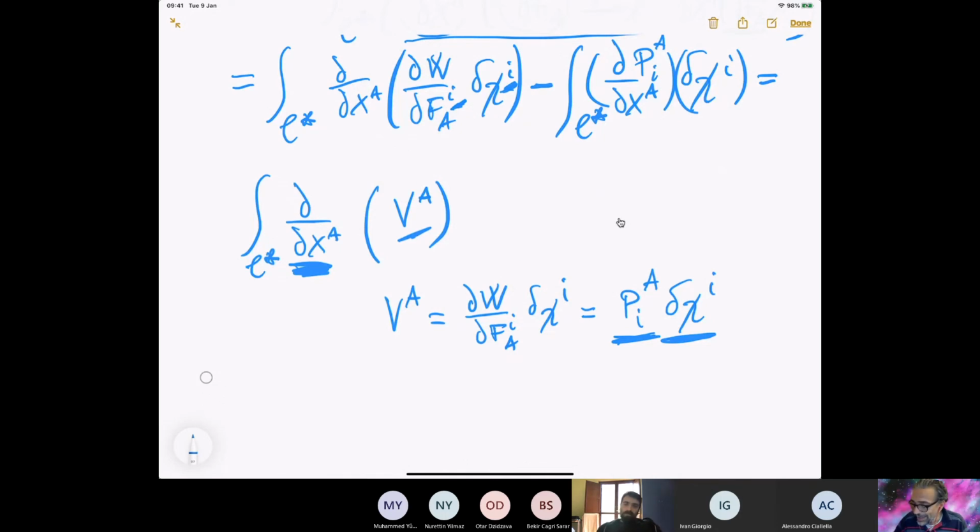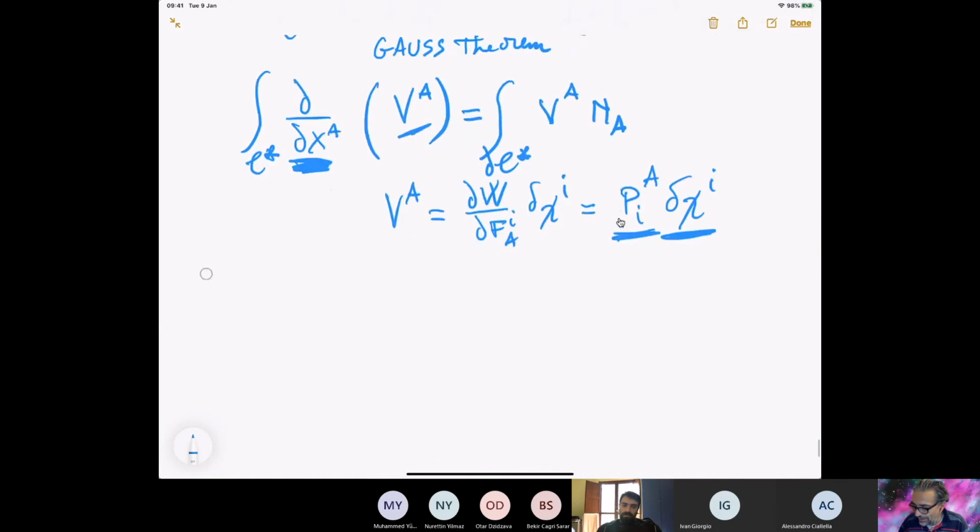Okay, now Gauss theorem says that the integral of the divergence is equal to the integral over the boundary of C star of V^A n_A.